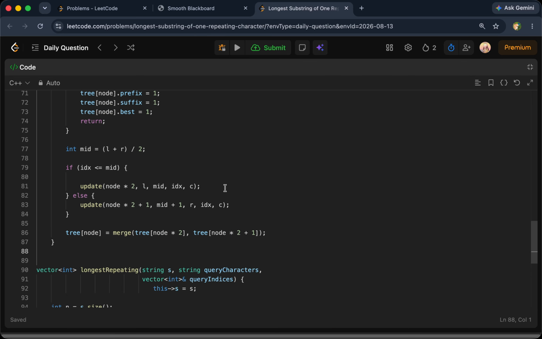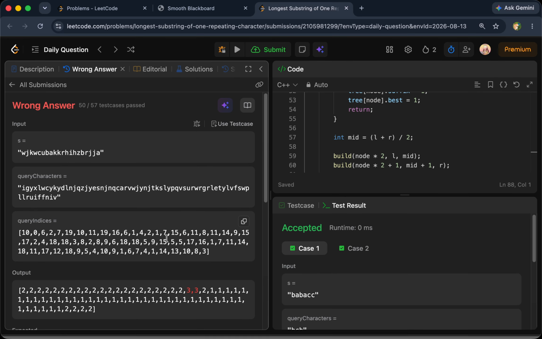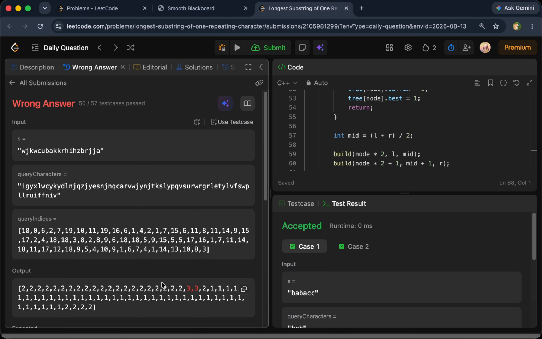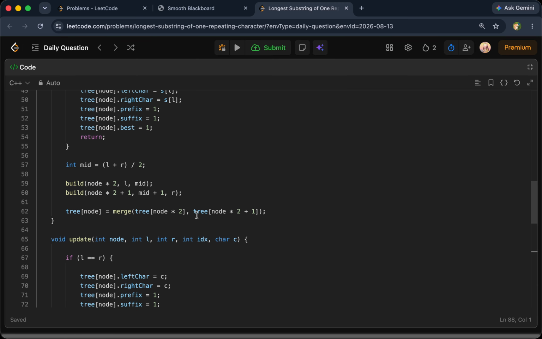It was right. Sorry. I have tried this here, but the code is right.